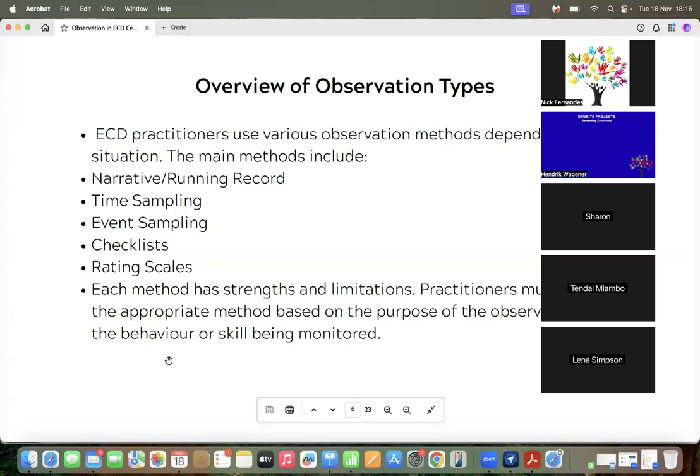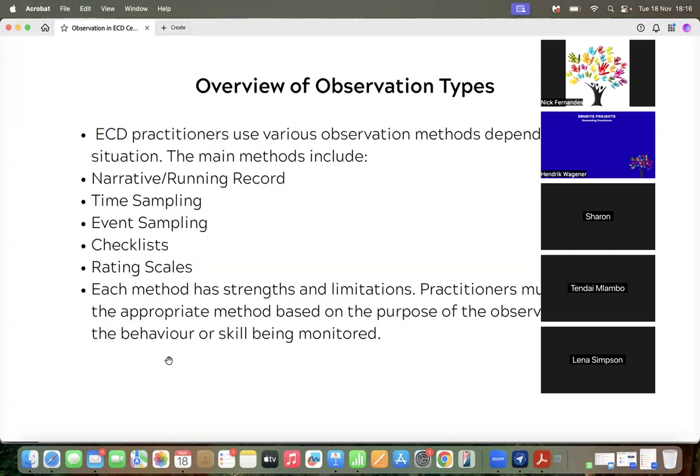Overview of observational types. ECD practitioners use various observational methods depending on the situation. The main methods include narrative or running reports, time sampling, event sampling, checklists, and rating scales. Each method has strengths and limits.